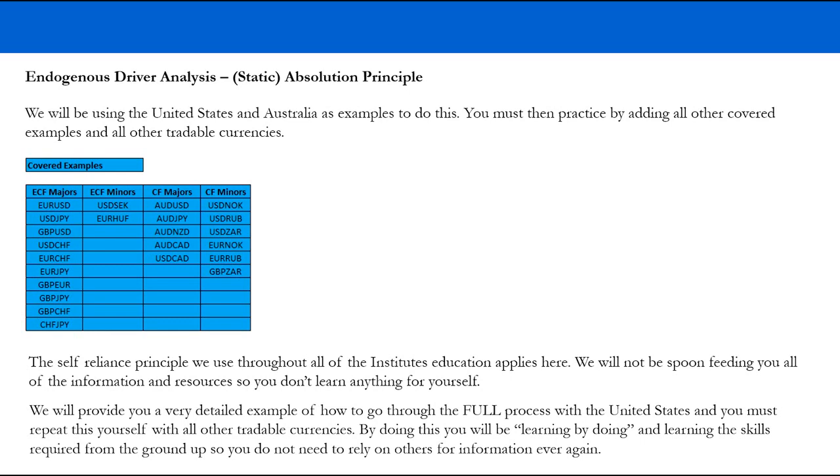And then what you've got to do is then apply this to other countries and currencies within the tradable set. What you'll actually be doing by doing this is you'll be learning by doing. So learning with immersion and learning the skills required from the ground up, so you don't need to rely on others for the information ever again.